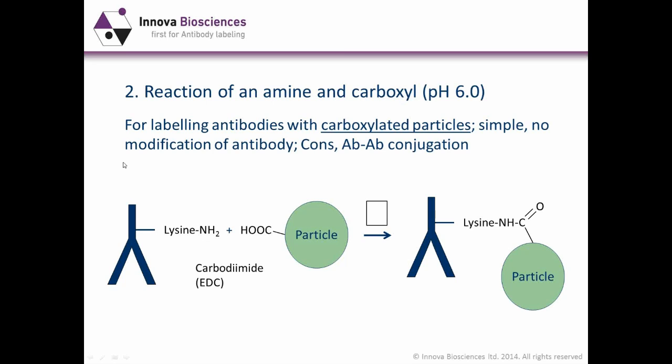Again, you don't need to modify the antibody to introduce an A group before you can make your conjugate. One of the downsides with this approach is that because antibodies have lysines and carboxyl groups, you can get antibody-antibody conjugation as well as particle-antibody conjugation. But this is a very popular technique. It's not a huge problem.